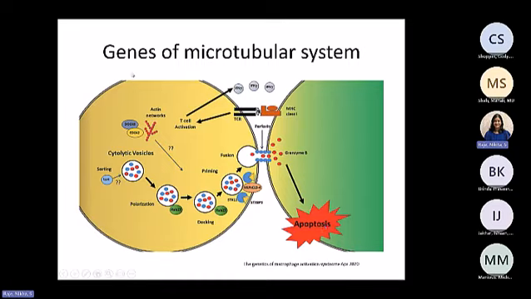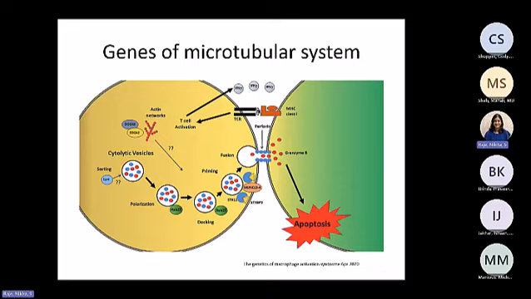So this is important because all these steps that occur have certain genes that are responsible for normal function of that step. Defect in any of these genes can lead to defect in cytotoxicity, but these defects can lead to familial HLH syndromes.